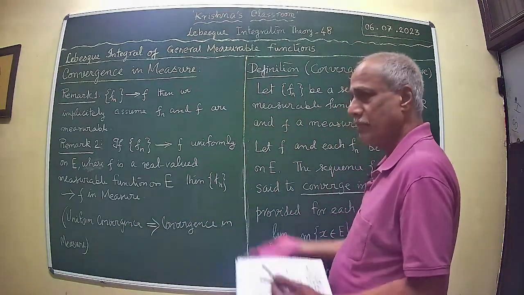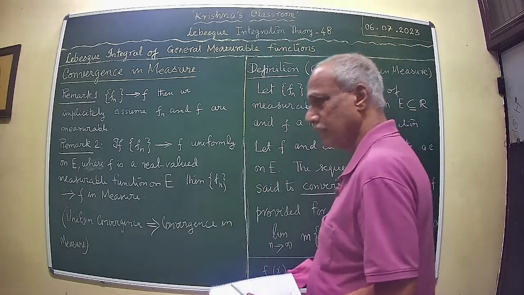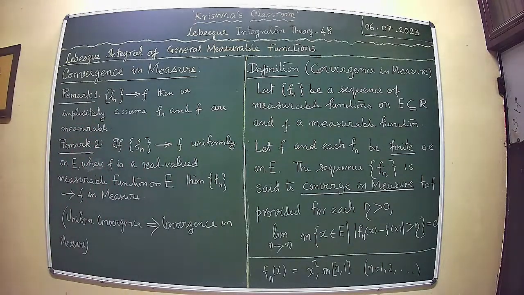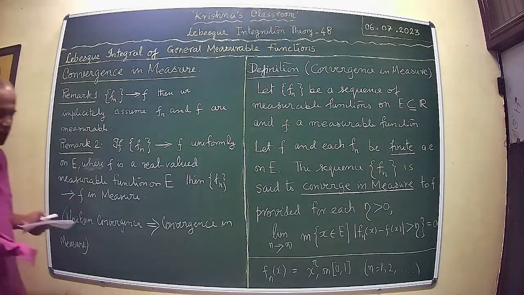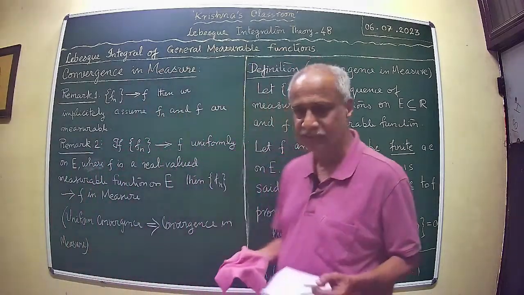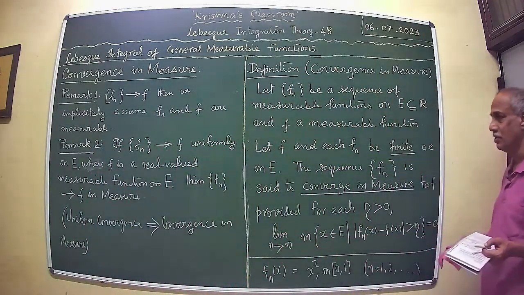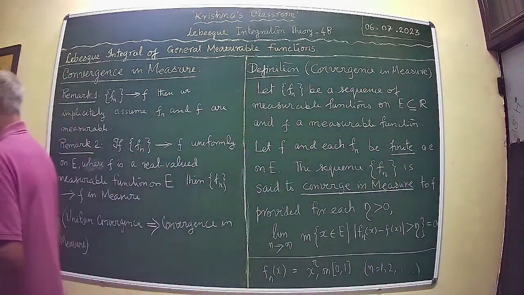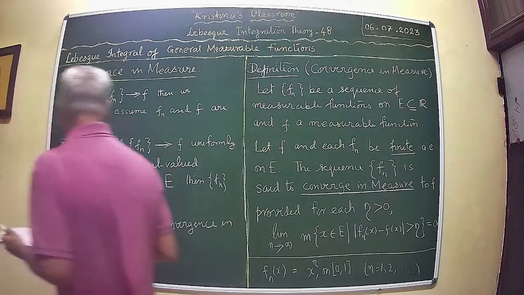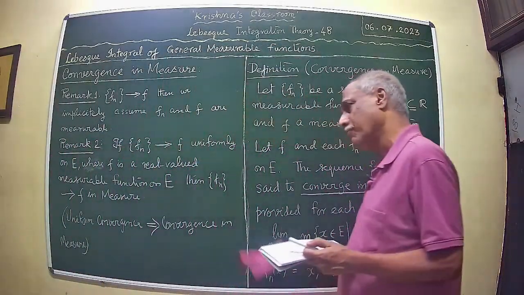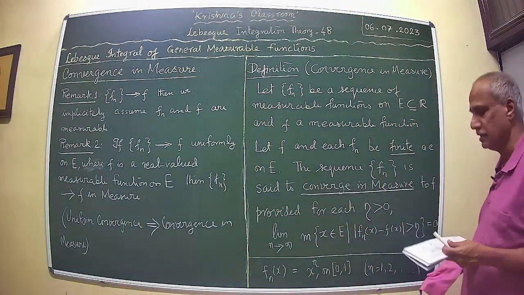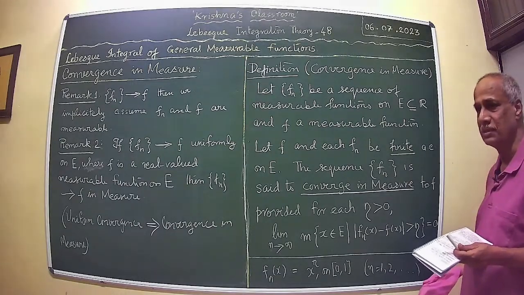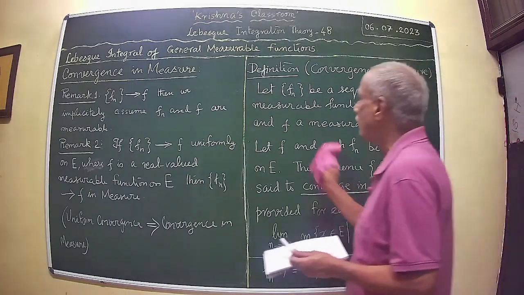But the converse of these things are not true, because if a sequence converges pointwise almost everywhere, it does not mean that it converges everywhere. Even if it converges pointwise everywhere, it may not be uniform convergence. So all these things we have already seen. Now we are bringing in a fourth type of convergence into the picture and trying to explore the interrelationship between these types of convergence.